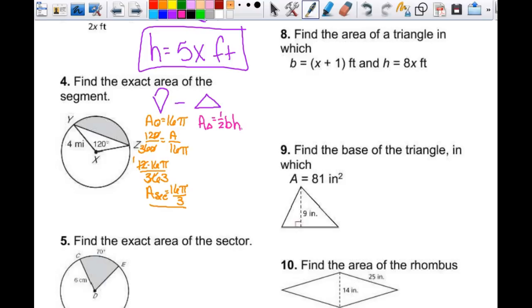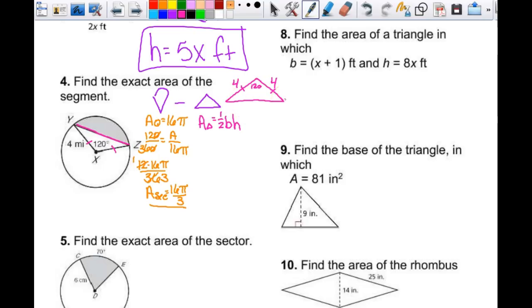I mean, I could use the 4 as the base, but I don't know that that would be the best thing to do in this situation. So I'm going to redraw this triangle, and I know that this is 120, and this is 4, and this is 4, because it's the radius. It's basically this. I just took it out, and I flipped it around because I want to use this as the base. So I think it makes more sense when the base is actually on the bottom.